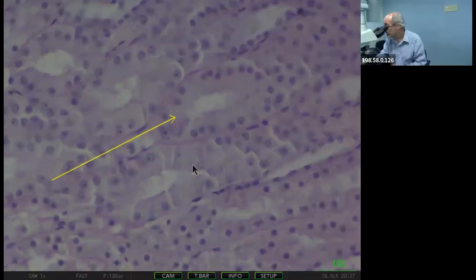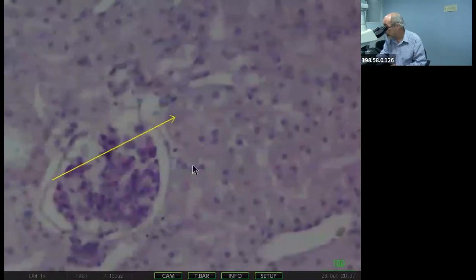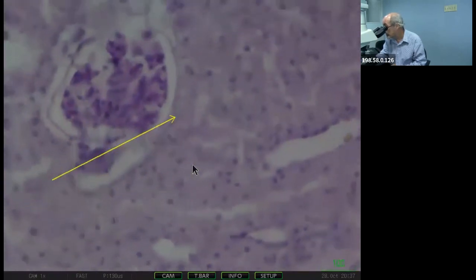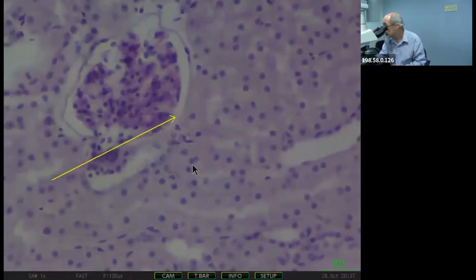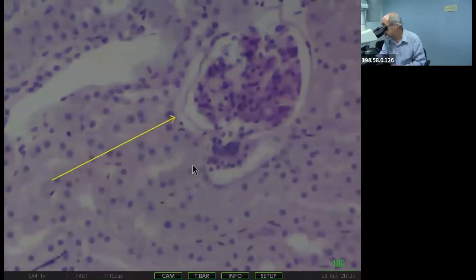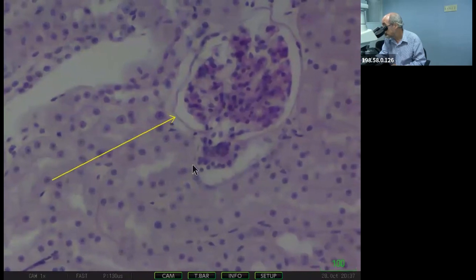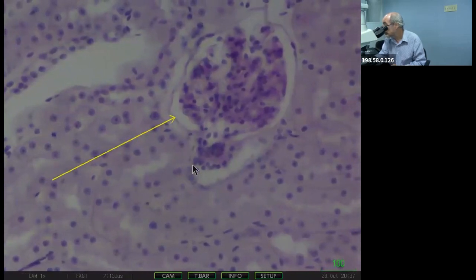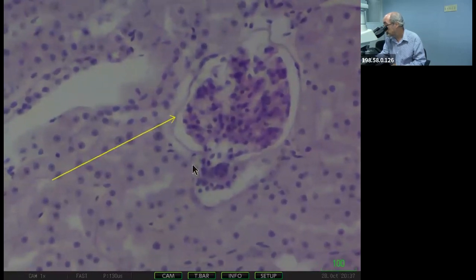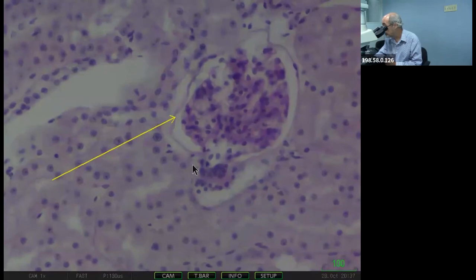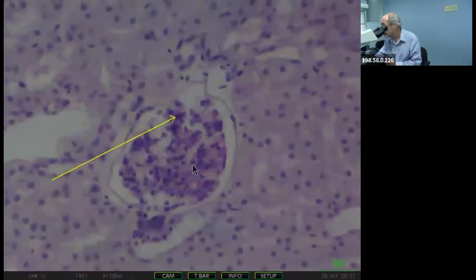Because in the glomerulus, this epithelium here will be simple squamous, because you see some cells which are flat, this one for example.